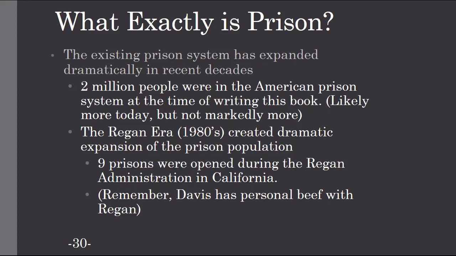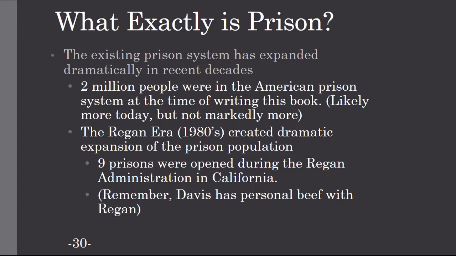Probably not disproportionately more. To the best of my knowledge, it's about the same. But that's a lot of people. That's 2 million people. I live in a city of 500,000 people. So my entire city times 4 would be how many people are in the American prison system.